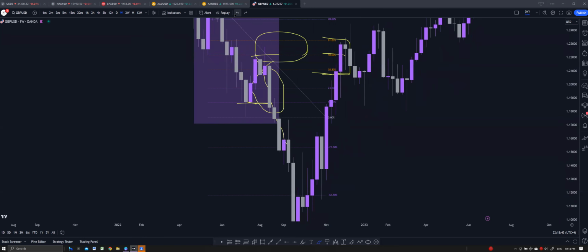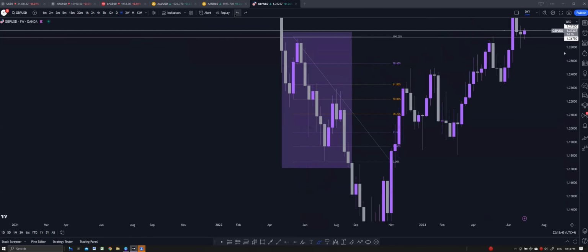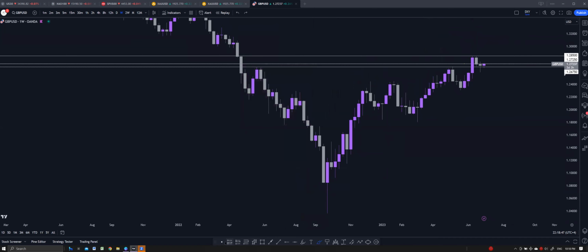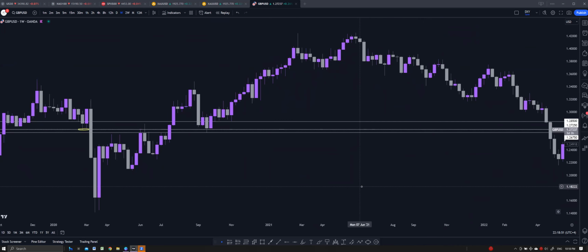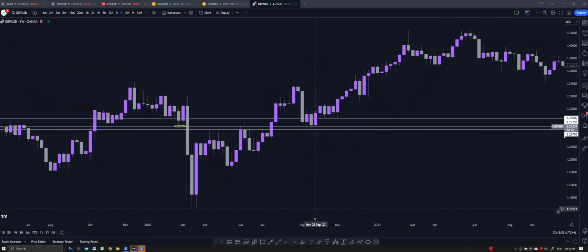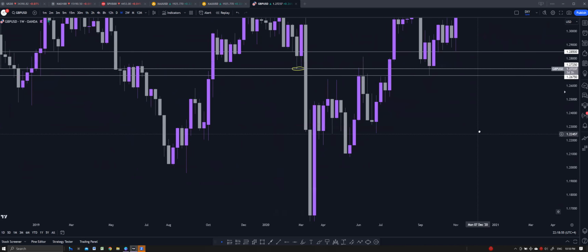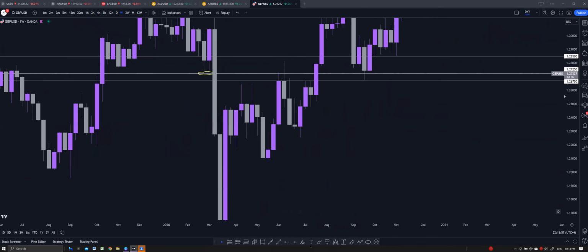So let me give you another example. Let's look at a bullish one. So I want to catch the trend. Imagine I'm looking at the chart right here, and this is where price is at. I want to see where price actually retraces, and I want to catch the third leg towards the top.